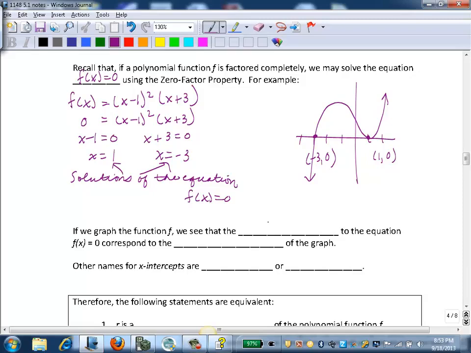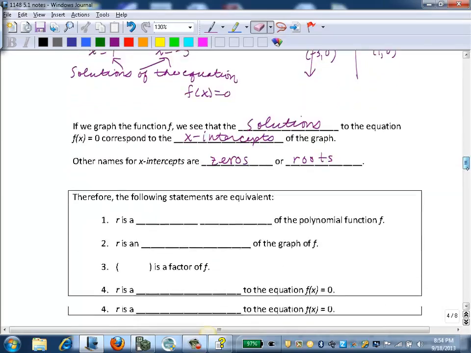So we can see the solutions to the equation f of x equal to 0 correspond to the x-intercepts of the graph. Other names for x-intercepts, we'll use zeros or roots of the function. So those solutions, those x-intercepts, are also called zeros or roots.